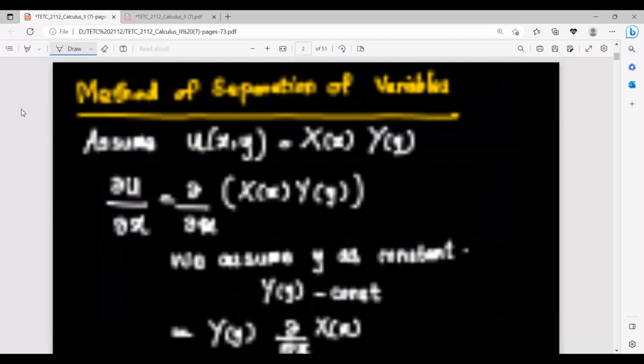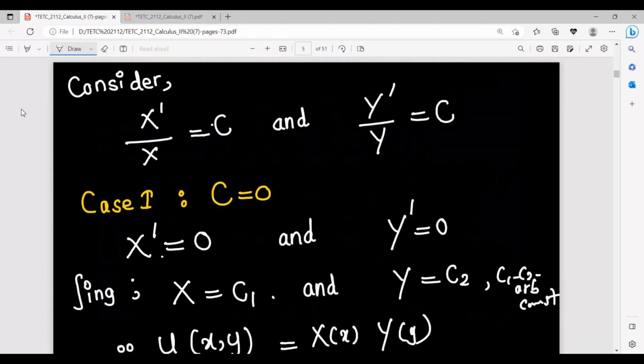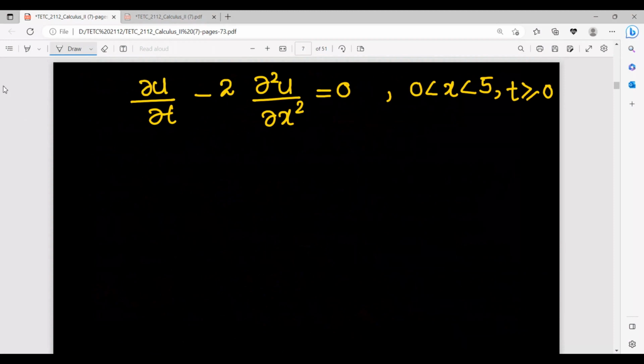In this problem, what is the dependent variable? U. What are the independent variables? t and x. So our solution should be of the form u(x,t).